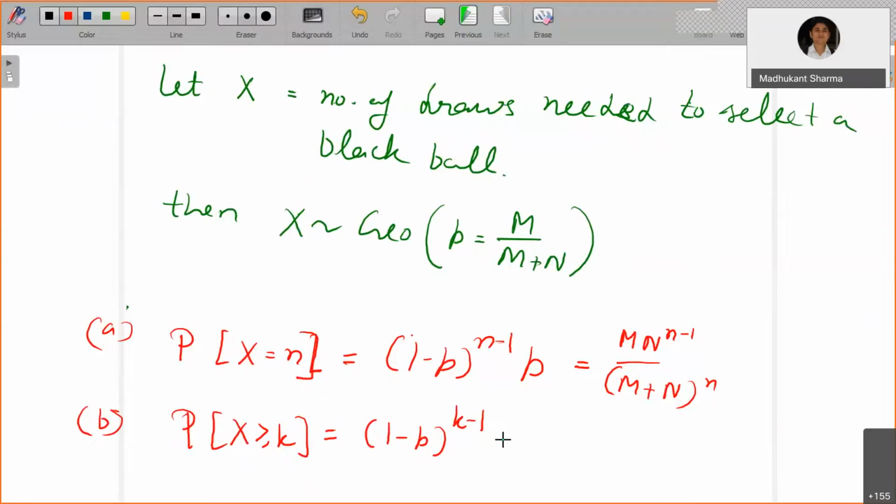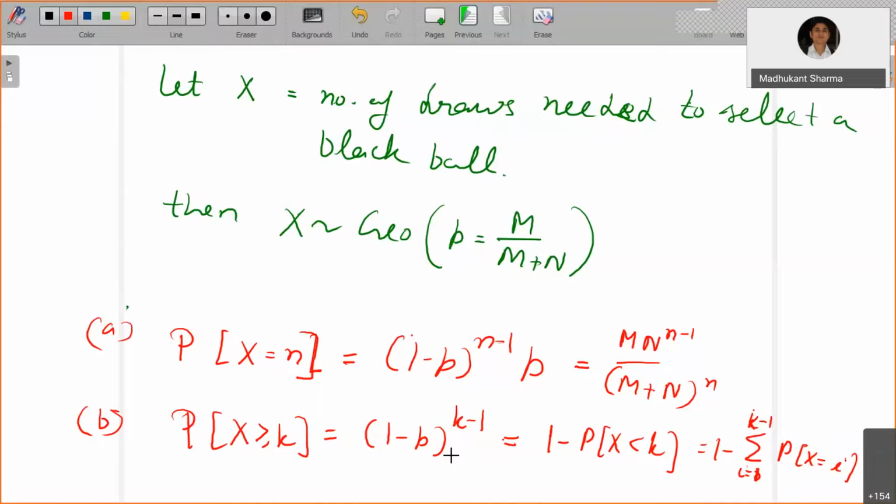You can verify that. Also, you can look at it as 1 minus the probability of x less than k, and that's going to be 1 minus the summation from i equals 1 to k minus 1 of the probability of x equals i. You can verify that this is the same. And p is m by m plus n.